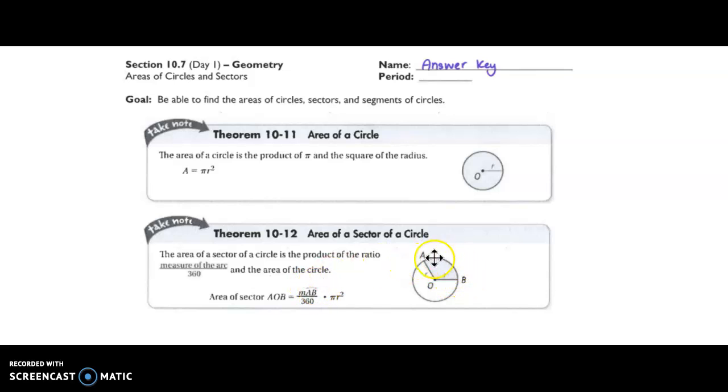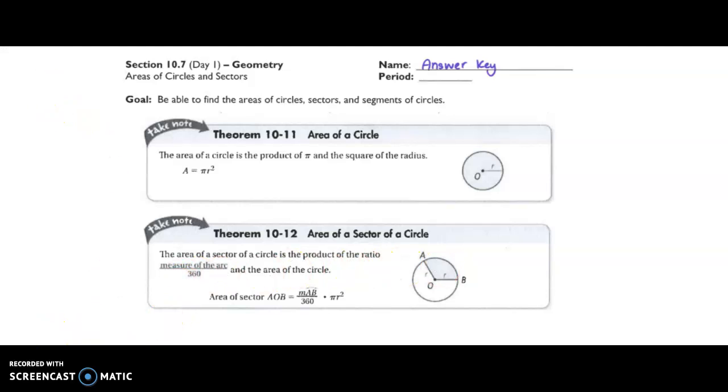Don't forget the measure of the arc in degrees is also the same measure of the central angle. So the measure of the arc over 360 times the area of the circle, because you're taking a certain portion of 360 degrees and then multiplying it to the area of the circle itself.